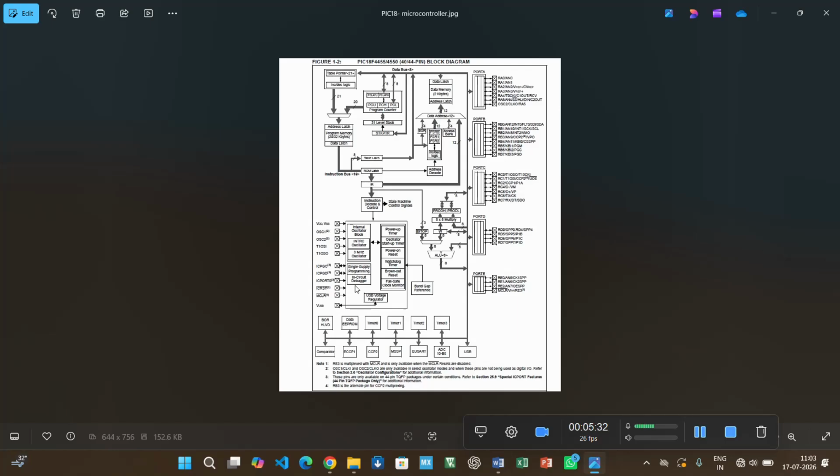So, when the data is a serial form of communication, it will deal with things over here. That is, serial form of communication, that is USB, and ADC, that is analog to digital, and digital to analog converters. Then universal synchronous asynchronous receiver transmitter, that is UART, USART, and comparator.